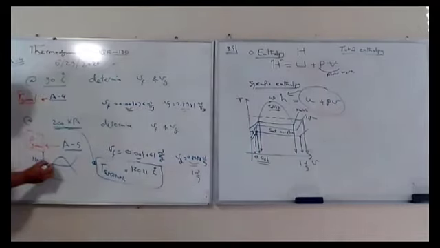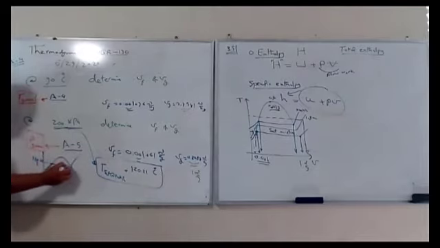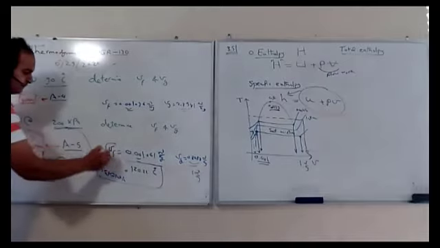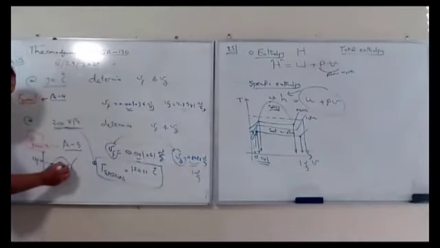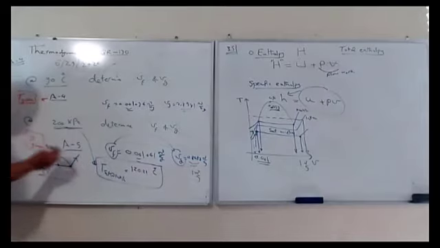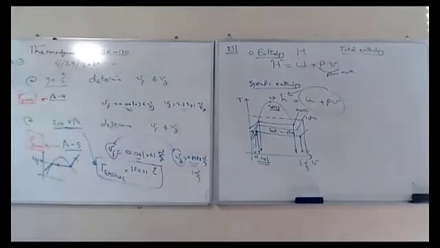But once your temperature goes to this value, vapor starts to show up. You go from here along this constant pressure line till here, so you go from this volume to this volume. If you keep going along the constant pressure line, the volume keeps increasing with temperature, and the pressure is constant at 200 kilopascal.